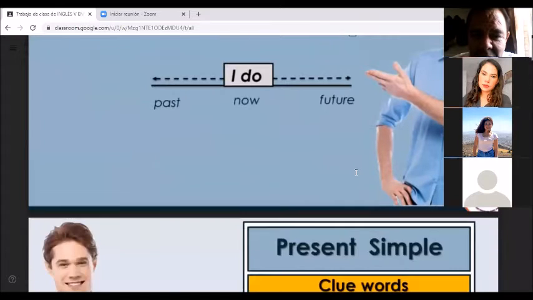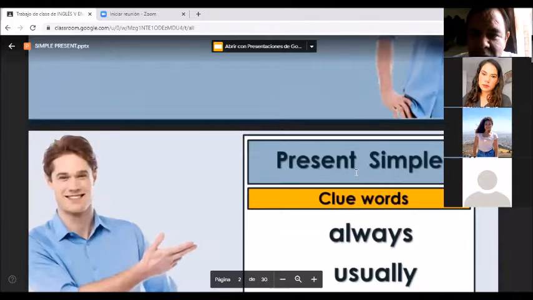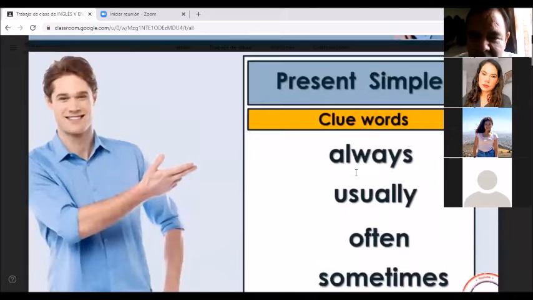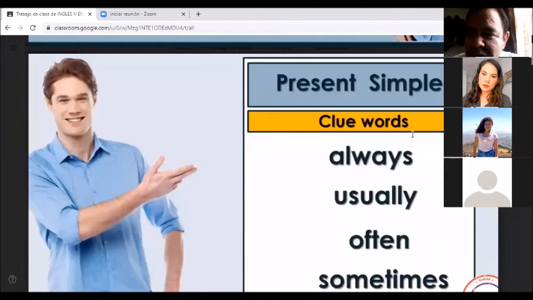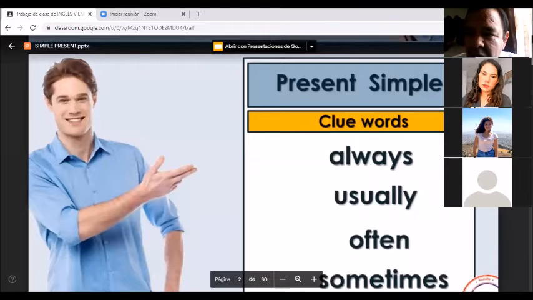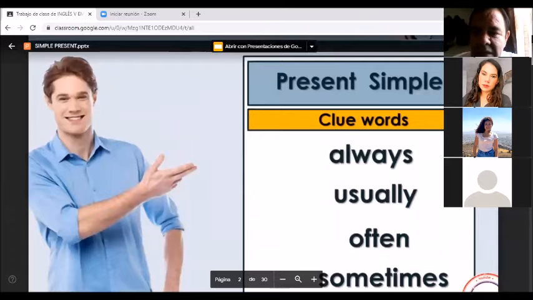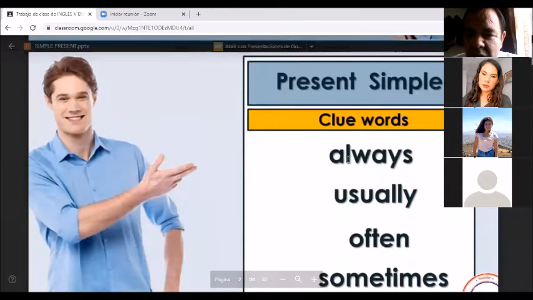Simple present. The first thing that we are going to check is the clue words. If we find these words in a sentence, we know that the sentence is in simple present. Clue words: always, usually, often, sometimes.